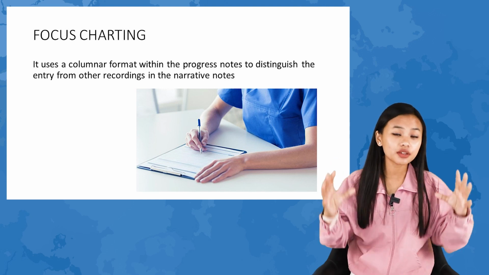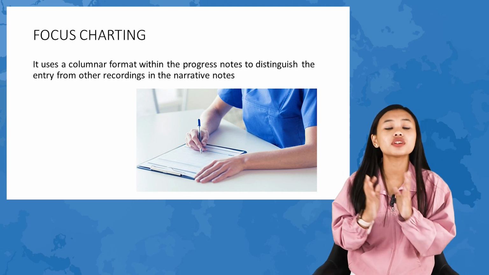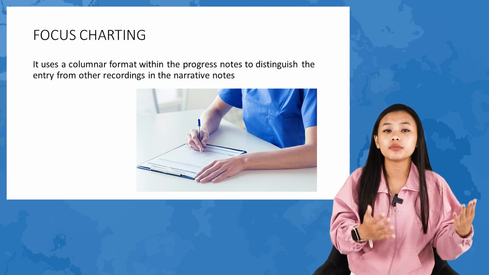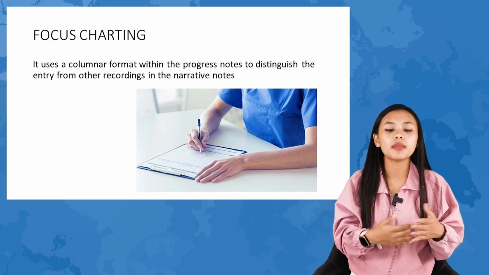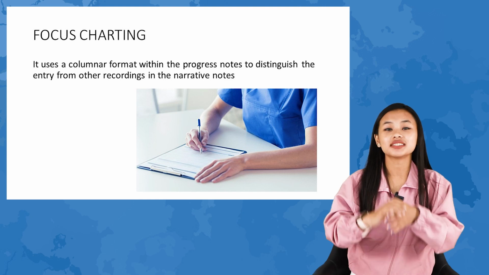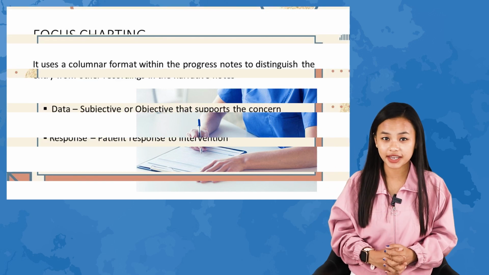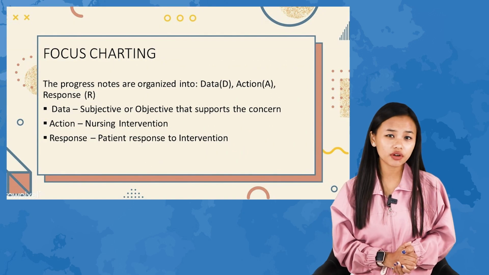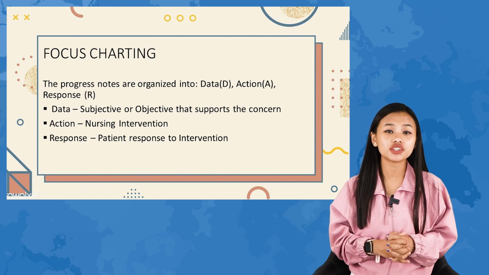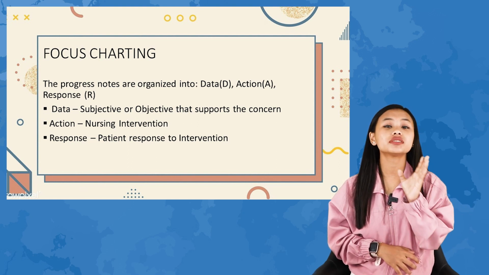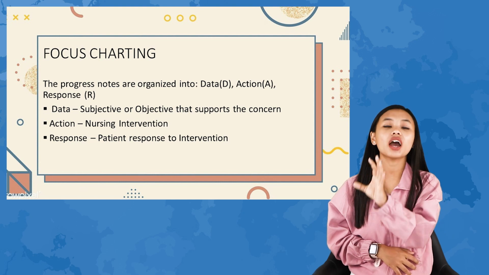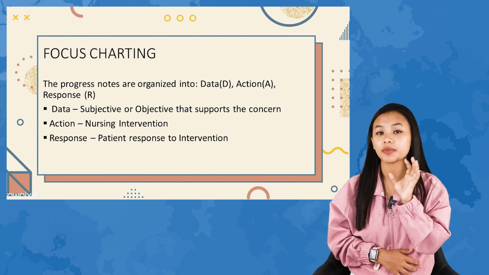So inside the progress notes, there will be different columns whereby you will be documenting the date, the time, the focus, as well as the progress notes of that client. So usually these progress notes are organized into data, which is represented by D, action by A, and response by R.